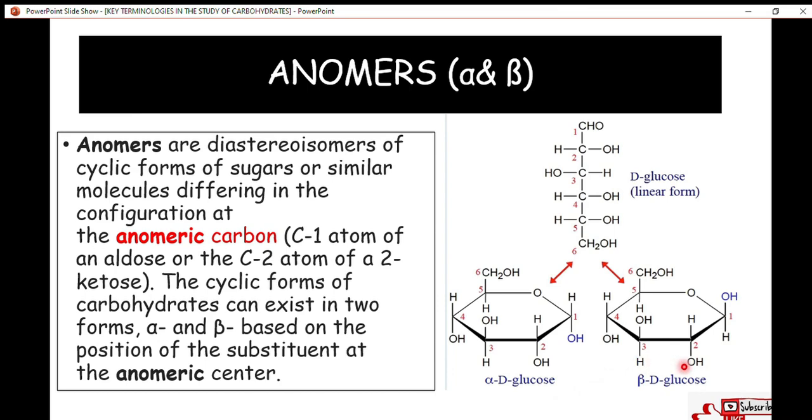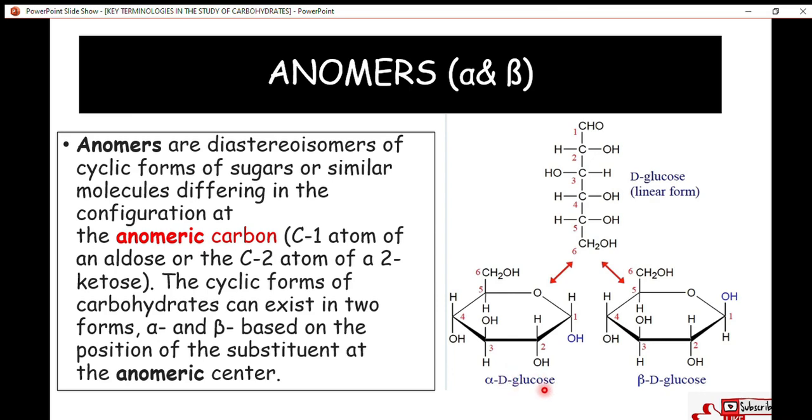When we have the hydroxy group in the same direction as carbon 6 over here, then they are in the same direction, and therefore we have a beta glucose. So that's the anomers for you in the representation of a sugar in cyclic form.